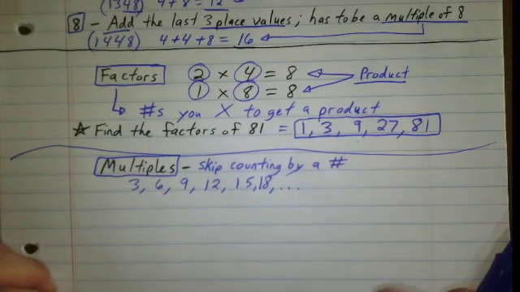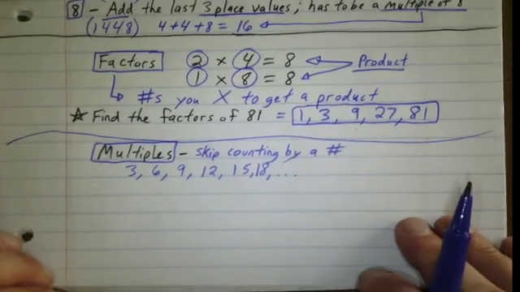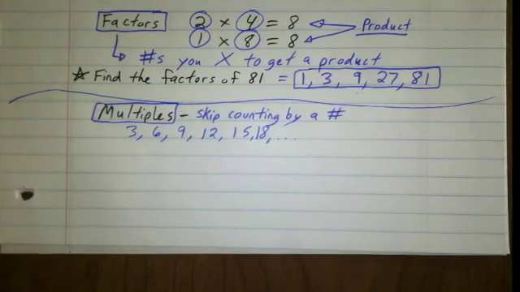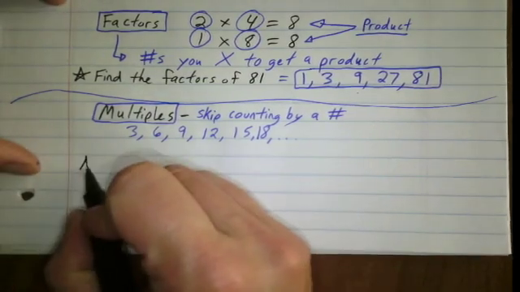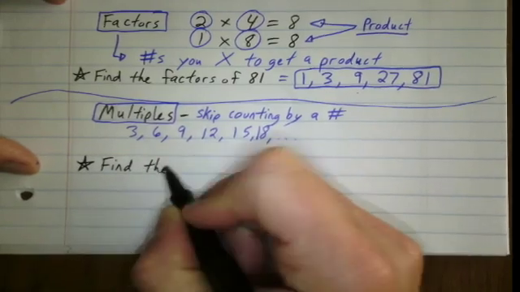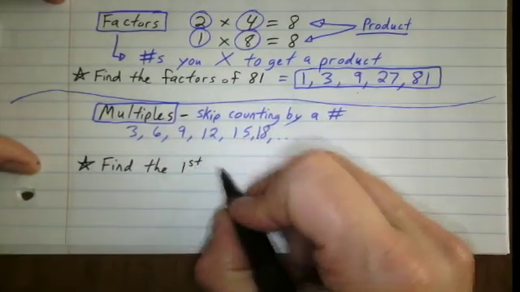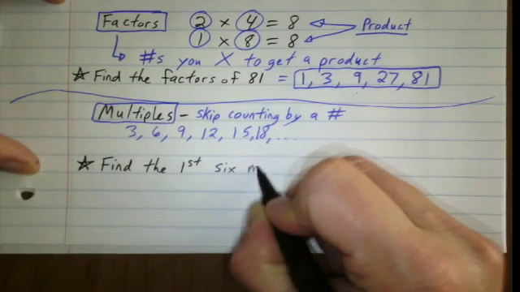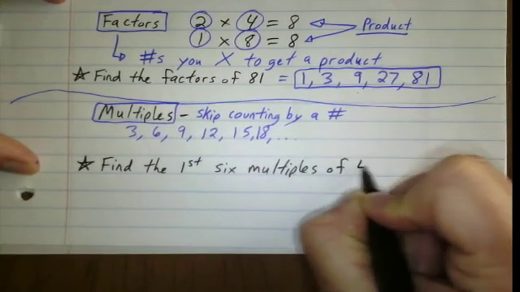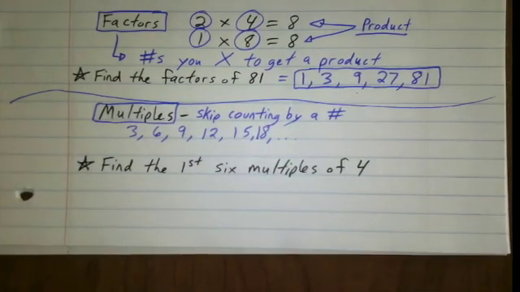So I might give you directions that say, okay, well, multiples go on forever and ever and ever. So what if I just say, I'll put a star here for the directions, find the first 6 multiples of 4. And why am I just asking for the first 6? Well, it's going to go on forever. I don't want to list them forever, so they might just ask you to find that.